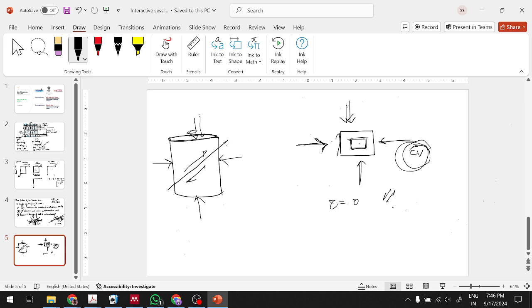There needs to be an imbalance of forces for shear to take place. And by stating that this is a hydrostatic loading or this is a purely volumetric loading, you are saying that there is no imbalance of loading. So theoretically speaking, there cannot be a shear failure. You understand?